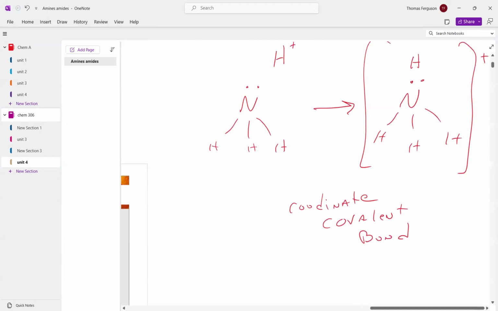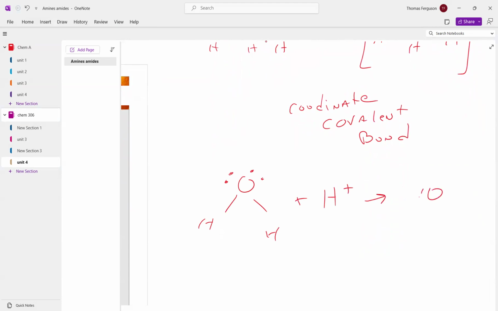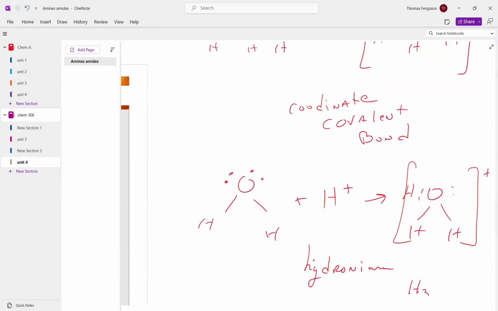Same thing happens with oxygen. That's where we come up with the hydronium ion, H3O.